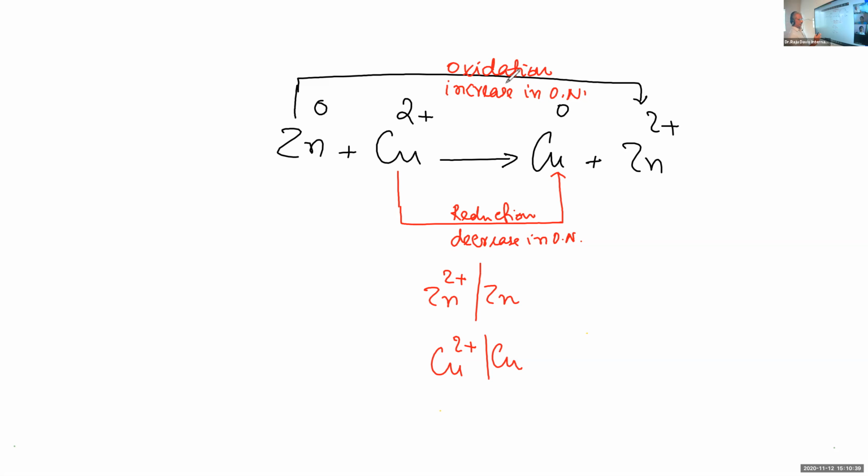A system consisting of the oxidized form and the reduced form together is called a redox couple.